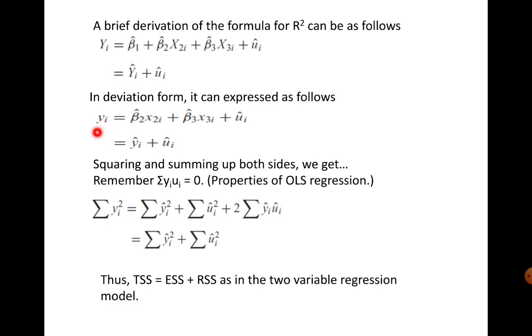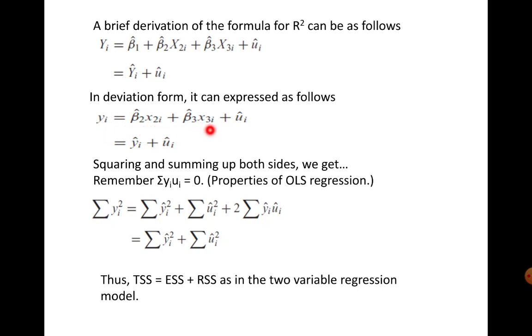That is, yi is equal to beta 2 hat x2i plus beta 3 hat x3i plus ui hat. Observe here that I'm using small letters, which means small yi means capital yi minus y bar. Small x2i means capital X2i minus x2 bar, and so on. So the small letters denote deviations.